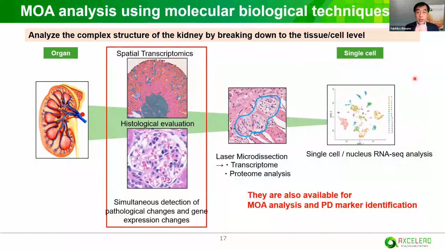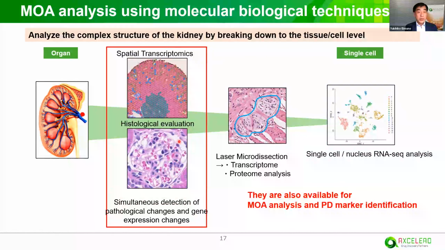So according to the experiment, MOA, mechanism of action analysis will be very, very powerful for understanding the efficacy in model mouse. So Axcelead has several approaches, including spatial transcript analysis. That one is a hybrid of histological analysis with the expression data.